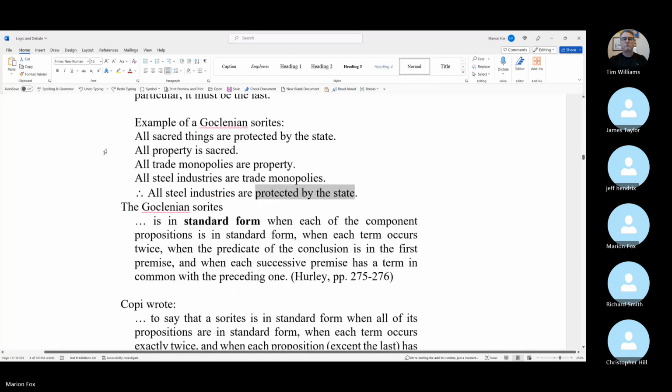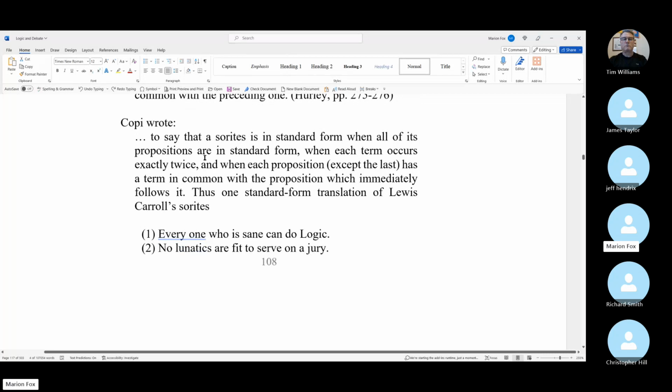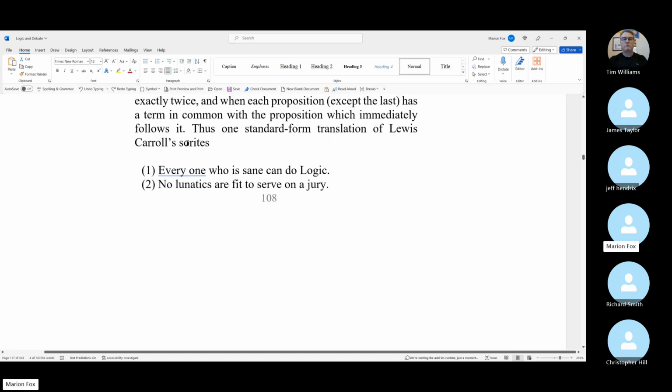Copi speaks of them as being in standard form when all of its propositions are in standard form, when each term occurs exactly twice, and each proposition except the last has a term in common with the proposition which immediately follows it. All right? And that's one standard form of translation of Lewis Carroll's Sorites.